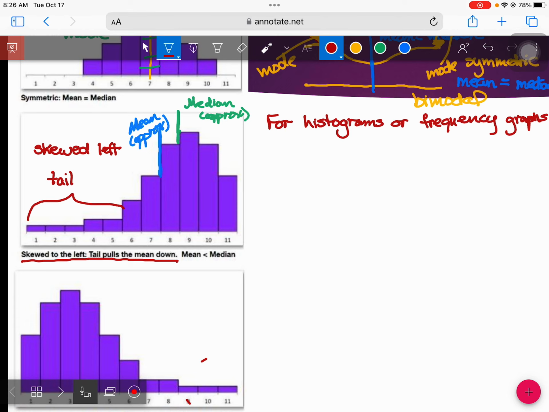For histograms or frequency graphs, the median will equally divide the shaded areas.